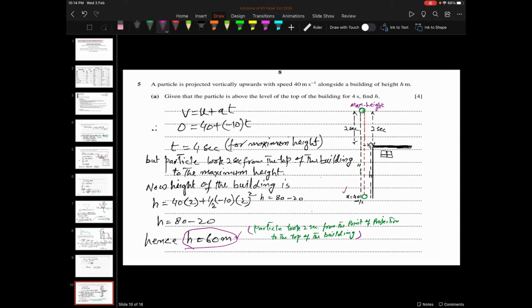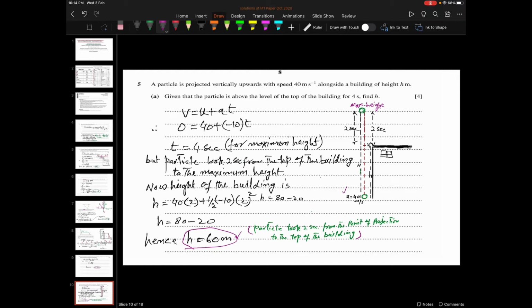At maximum height, the speed of the particle is 0. Initial speed is 40 meter per second. Since the particle is moving up, the acceleration produced is due to gravity, which is -10.